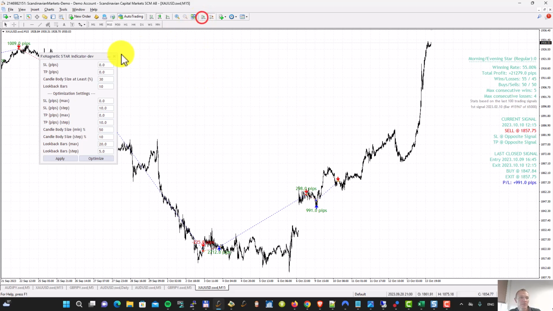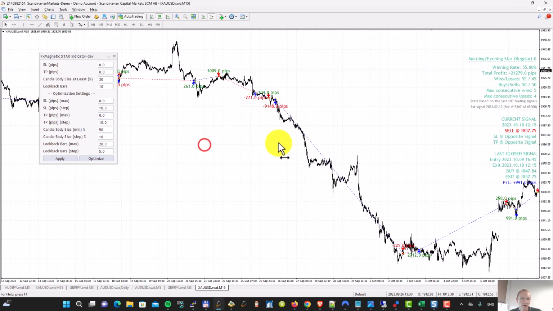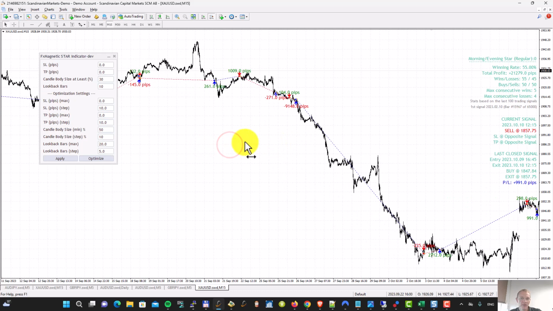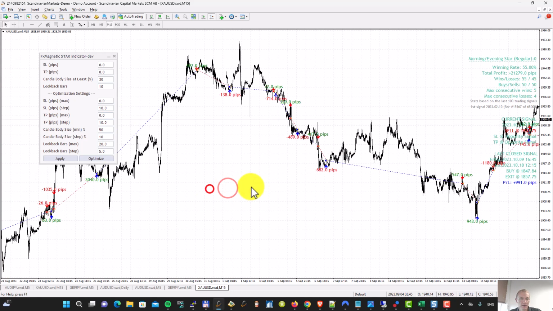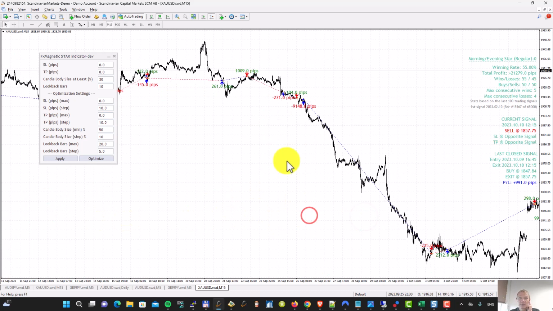However, this is quite risky because of zero stop loss. It means there is no stop loss, so trades might get really far into a drawdown. You can see this one's like 9,000 pips. Oh my god, that's a lot. Of course, you can risk 1% per trade, so these 9,000 pips would be just like 1% of your account, so that doesn't matter much.